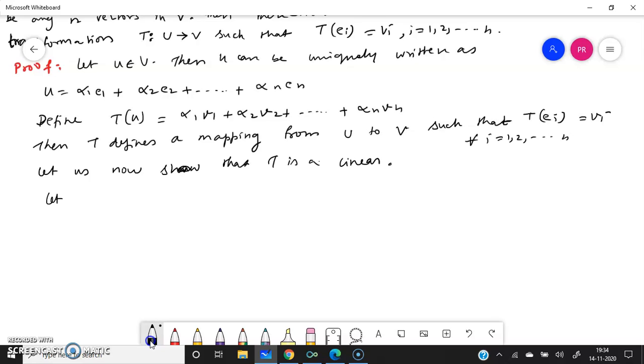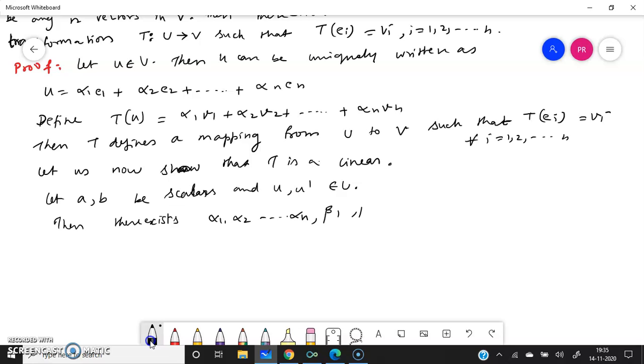So in order to show T is a linear map, we will take two scalars A and B, and U dash belongs to U. Then there exists alpha 1, alpha 2 and so on to alpha n, beta 1, beta 2 and so on to beta n.